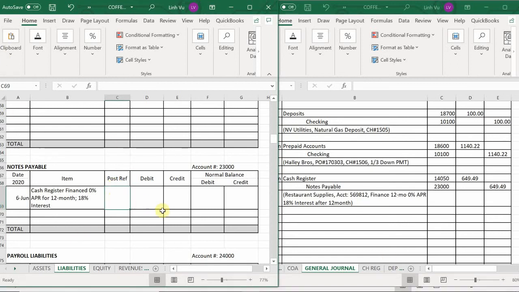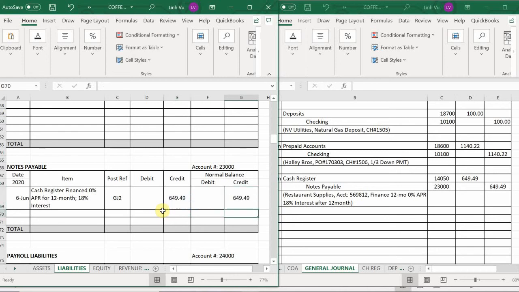Post reference is journal number 2. And this time, am I going to increase the amount that I owe or decrease the amount that I owe? We're increasing, because we owe restaurant supplies $649. It's a credit. Liability is a credit on the other side there.